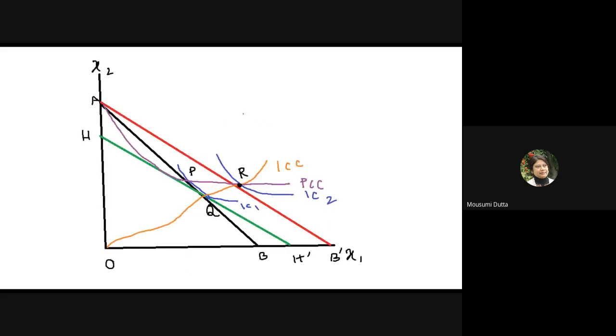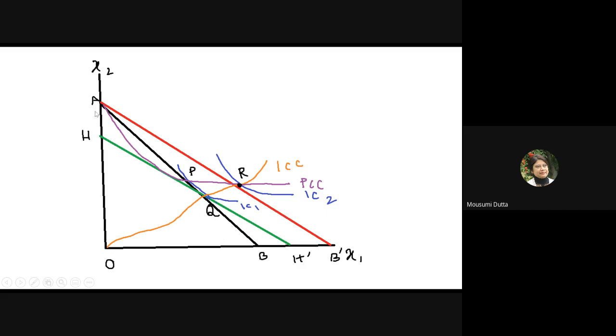Now I'll draw the ICC and PCC for the Hicks-Slutsky kind of thing. For the Hicks-Slutsky diagram too, if you like, you can draw the ICC, PCC, etc. I'm showing it using this diagram.